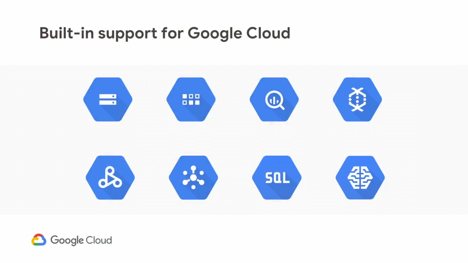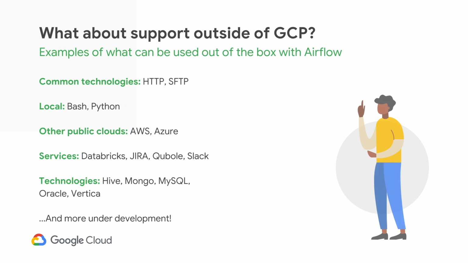In terms of Google Cloud Platform, there's a core set of Airflow support built in. So Dataflow connectors, BigQuery, Cloud Storage, to name a few. And support is actually expanding with each Airflow release. And this is happening within the Airflow team, but also within the Google Cloud team. So what about support outside of GCP? Really important.